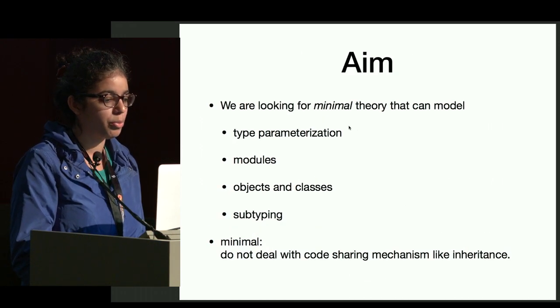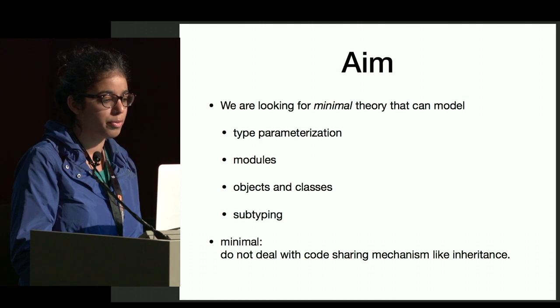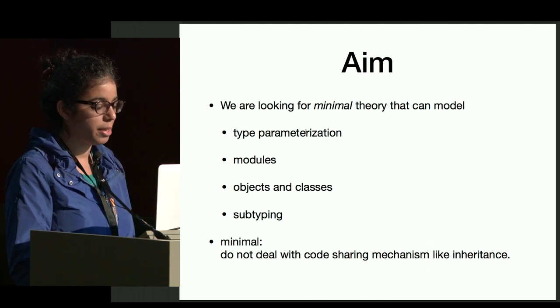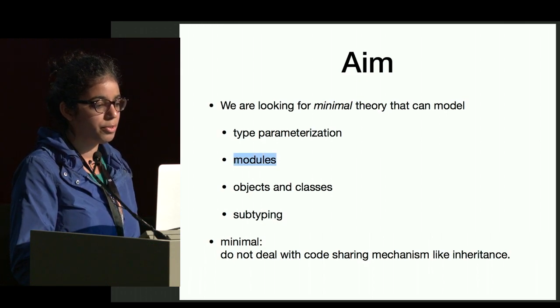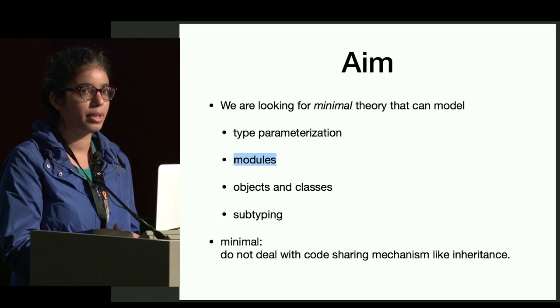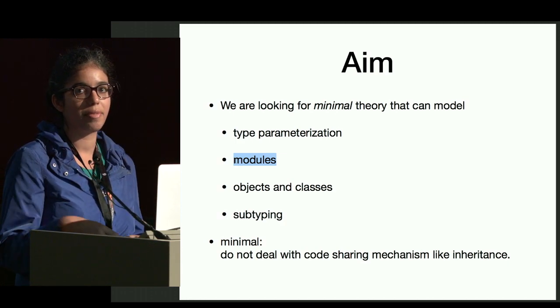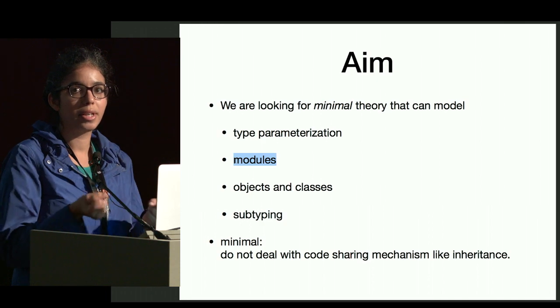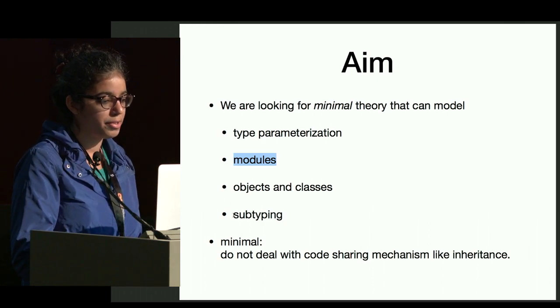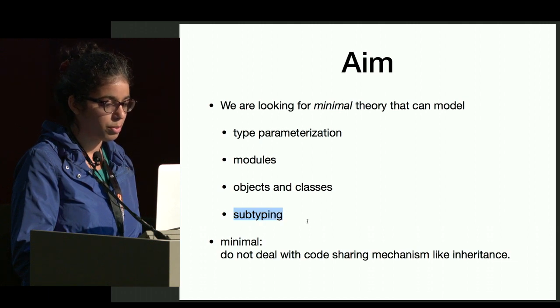And so the aim, what we're really trying to do, is type parameterization just through type members and path-dependent types. In that sense, we can do modules from the traditional functional programming literature, because we have these type members, so our objects are first-class modules. And we want to have subtyping and objects and classes as well.